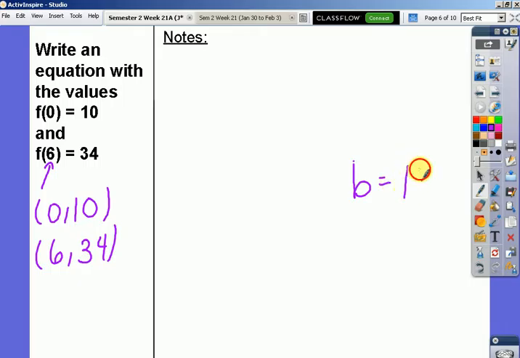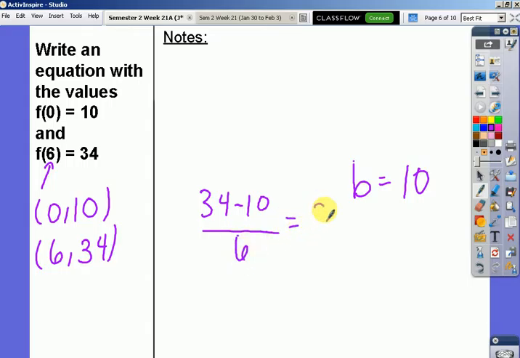10. All right. How do we find the slope? y2 minus y1 over x2 minus x1. So let's do 34 minus 10 over 6 minus 0, which is just 6, right?